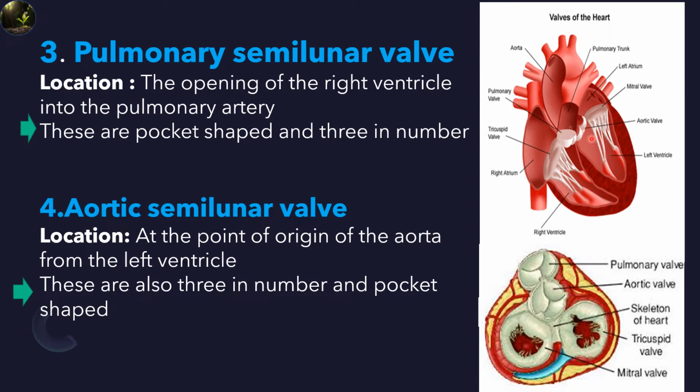That is the location of the aortic semilunar valve. Here again, these are also three in number and pocket shaped. This is all about the different types of valves present in the heart.